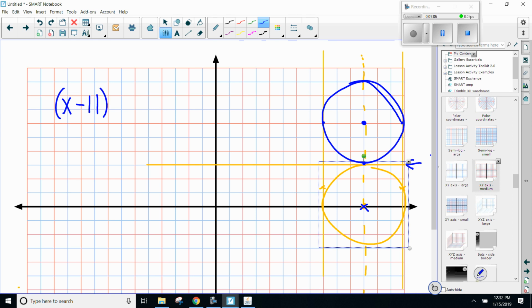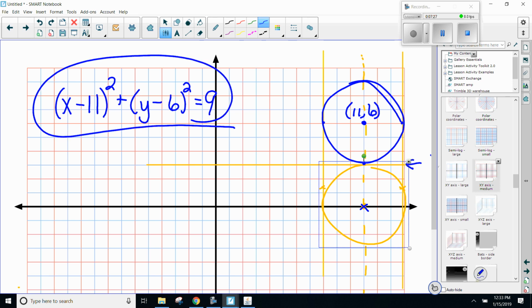It's going to be minus 11, because the center of my circle is positive 11, and then up 2, 4, 6, so positive 6. So it's x minus 11 squared plus y minus 6 squared equals 9 because the radius is 3. There's the equation for your circle.